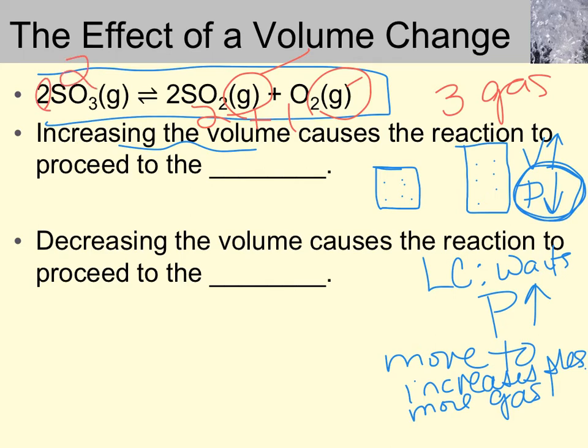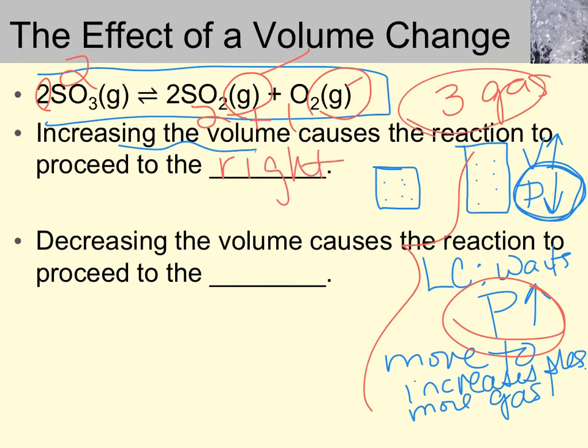So remember, I actually write all this down or I get confused where I'm at. Le Chatelier wants to increase pressure, so it wants to move to the side with more gas molecules. So in this case, it's going to shift right because the right has 3 gas molecules versus 2 on the left.